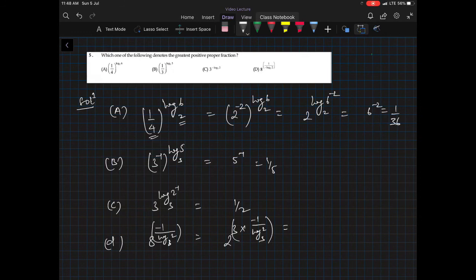It will be like this, 2 to the power 3 into minus 1, this is log 3 base 2, and 3 into minus 1 is minus 3, so 3 to the power minus 3, that is 1 by 27. And if you compare all the above expressions, 1 by 2 is the greatest positive proper fraction. So the answer is C.